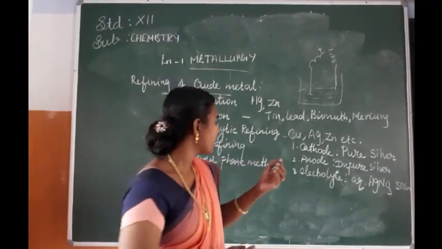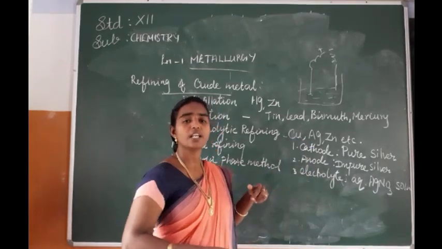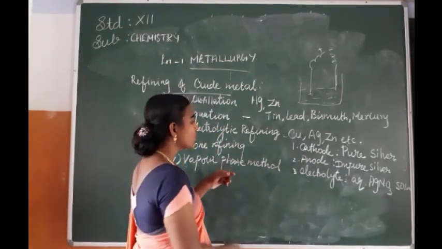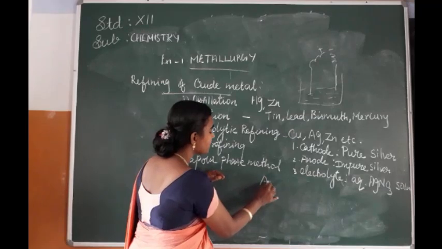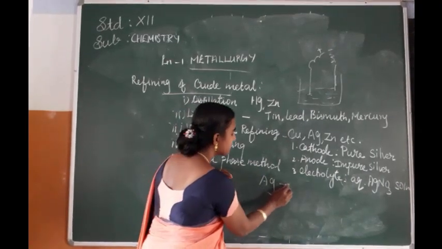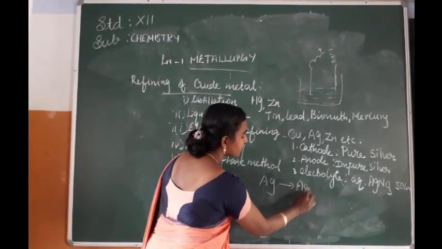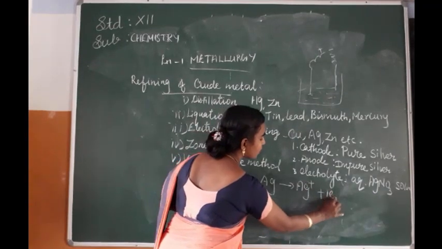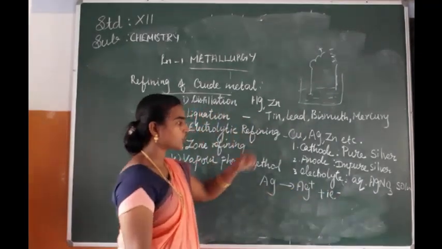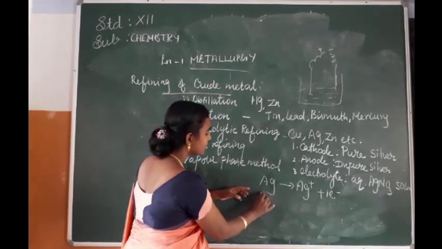Okay. So here, when you are looking at the silver electrolytic refining method, in anode the reaction is Ag will be converted into Ag plus, releasing an electron. This electron will be gained by Ag plus.